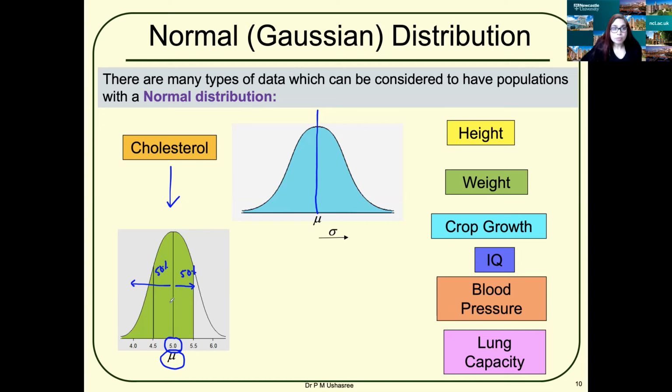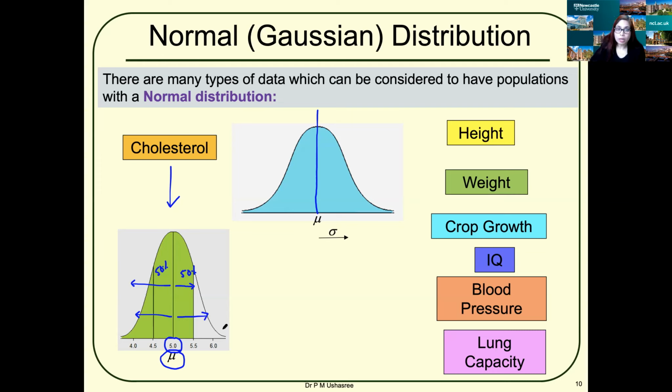So this is your mean, the population mean. As you go away from the population mean, on either side of the mean, it is less likely to occur. It is less likely to find an adult with that cholesterol level.